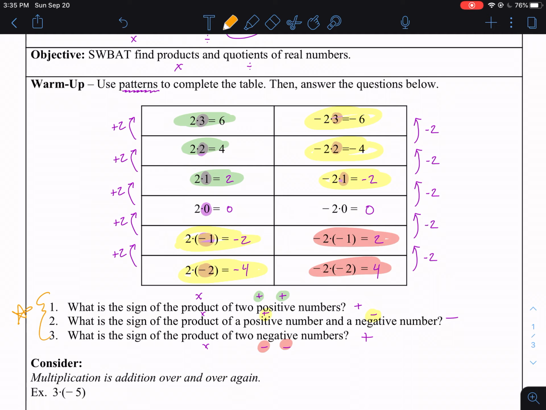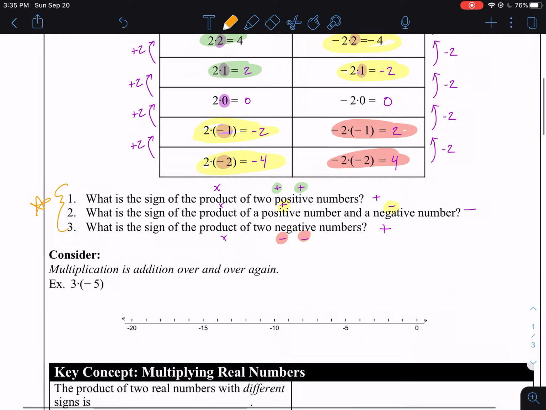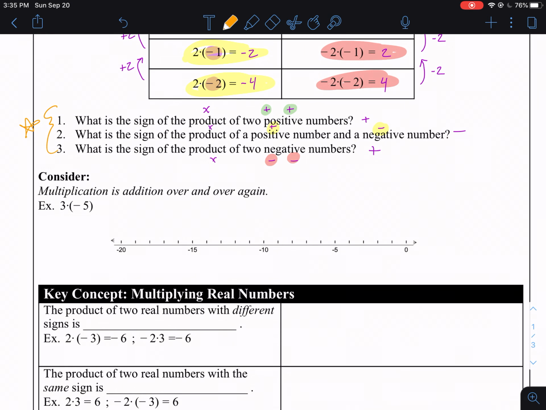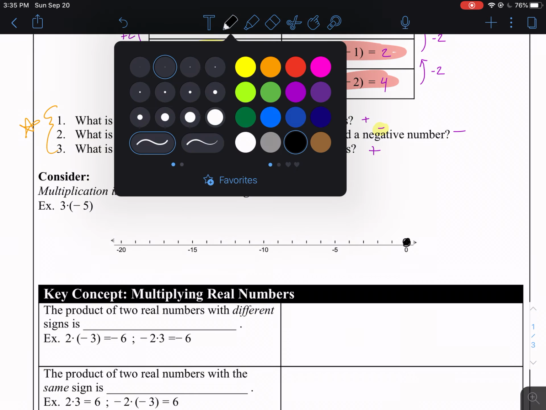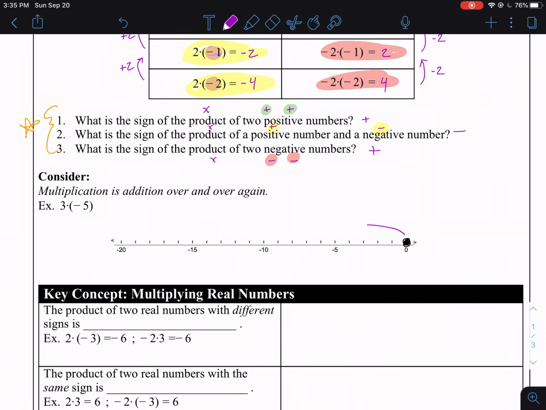Now I want you to consider the following. Consider that multiplication is just addition over and over again. For example, let's start at 0. And then we're going to take 3 steps of negative 5. So to go down, negative 5 is like going here, all the way down to negative 5.